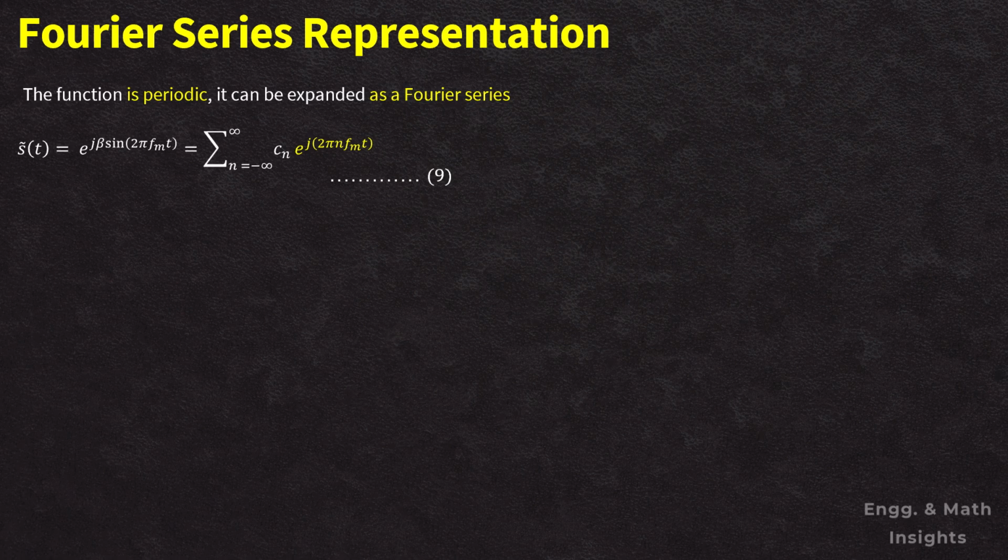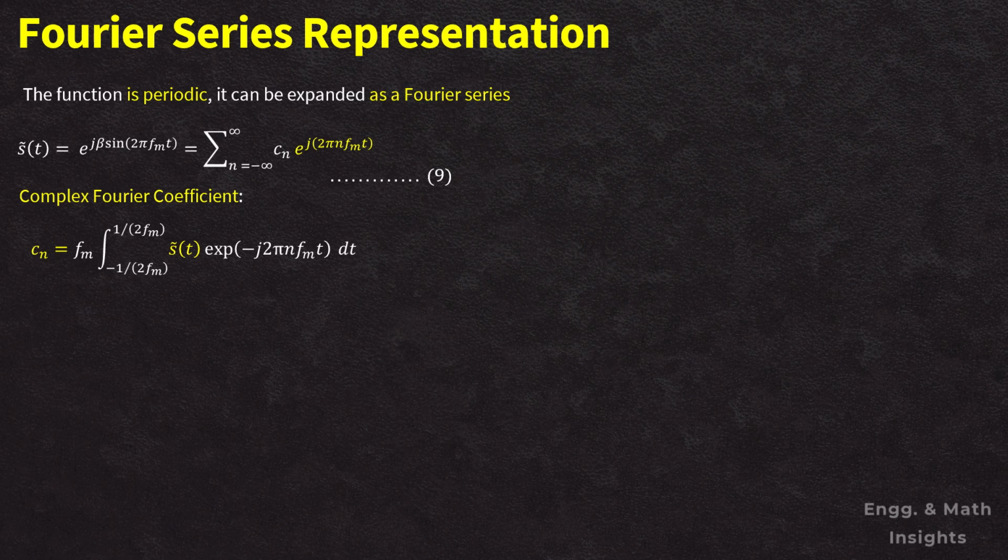Identify this as equation number 9, where the complex Fourier coefficients cn are given by cn is equal to fm integration from minus 1 by 2 fm to 1 by 2 fm of s tilde of t e to the power minus j 2 pi n fm t into dt. Here we can put the value of s tilde of t as e to the power j beta sin 2 pi fm t.